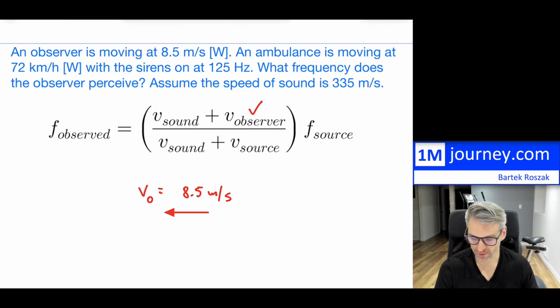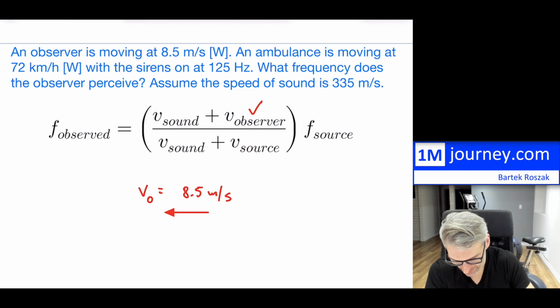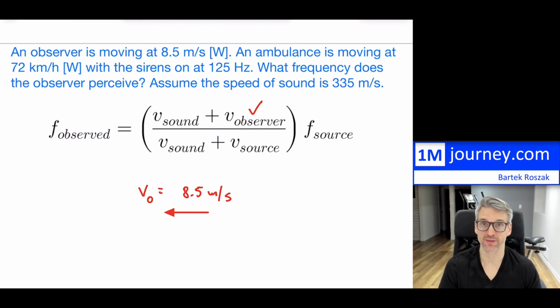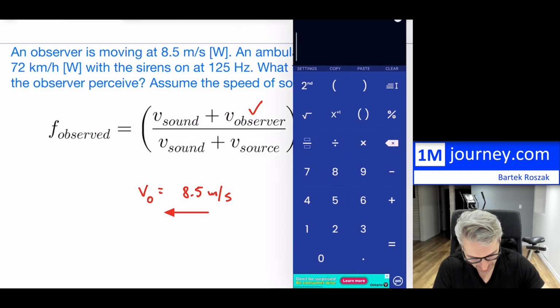Now, an ambulance is moving at 72 kilometers an hour west. Be careful here because the units have to be the same. So what's 72 kilometers an hour in meters per second? I'll leave that unit conversion up to you, but I'll do it very quickly.